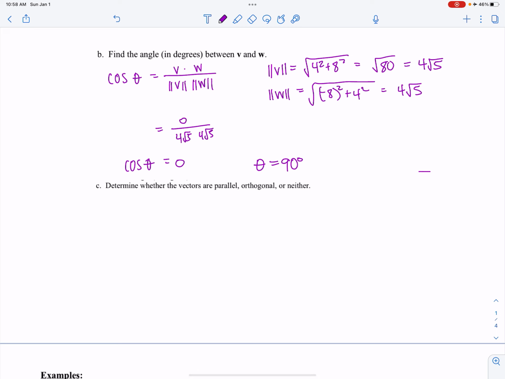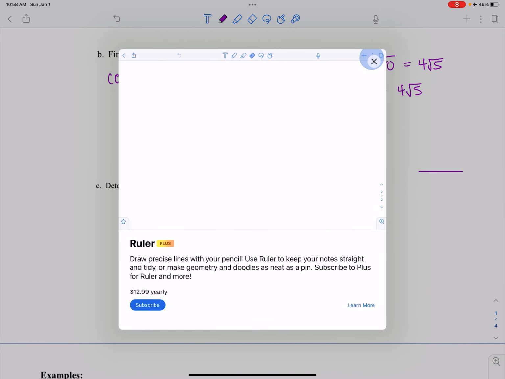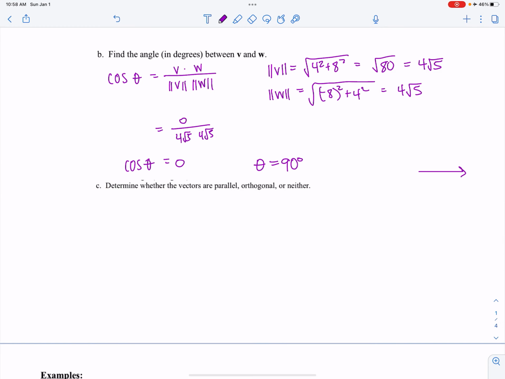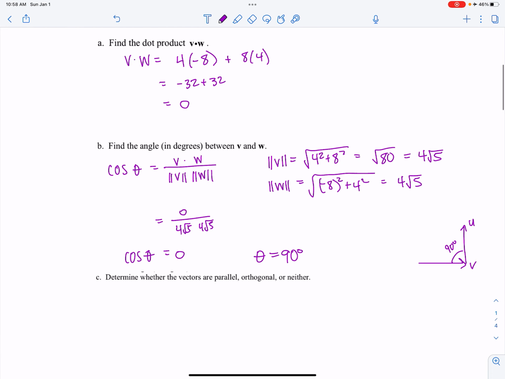So if this is v, and this is w, the angle between them is 90 degrees. And we've talked about being orthogonal. When our dot product comes out to be 0, that tells us immediately that our vectors are orthogonal.